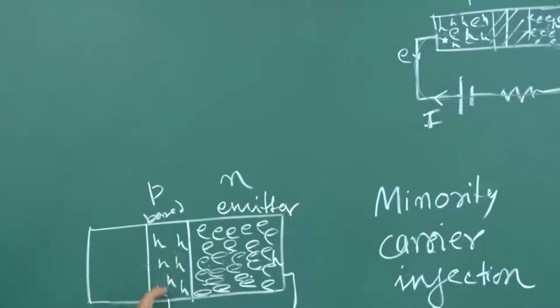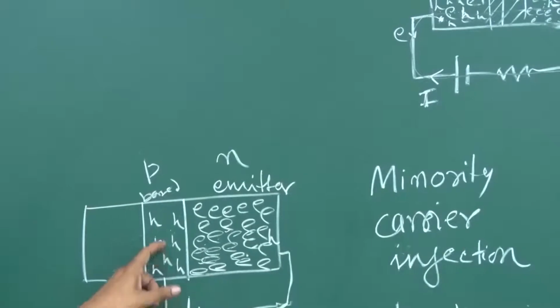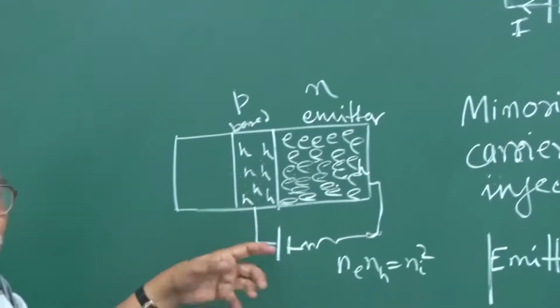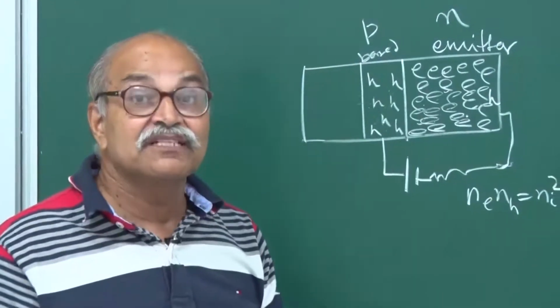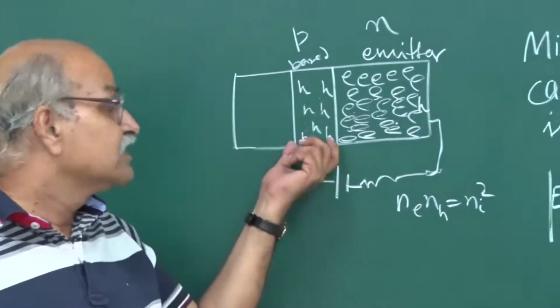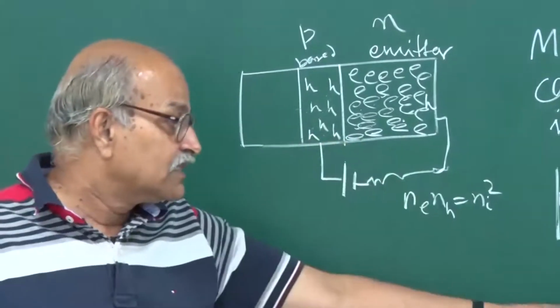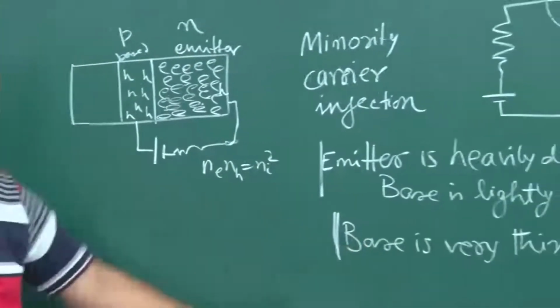So this IB, the current in the base region, is because of this recombination, but that probability of recombination is very small because of this fact that the base is very thin.